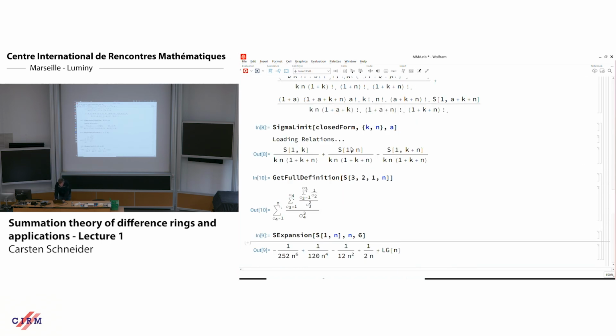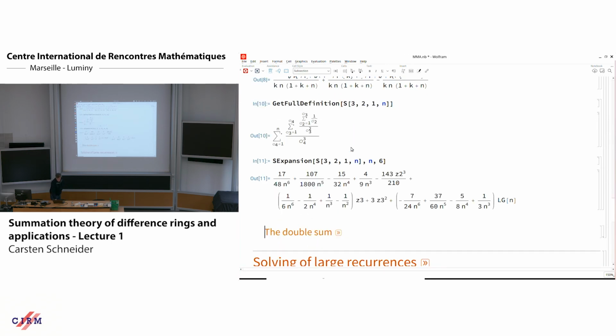And if I insert now this sum, M3,2,1, and compute the expansion, then I get completely automatically again an expansion where you see, for instance, zeta 2, zeta 3, and zeta 3 squared, where zeta is the Riemann zeta function. And using this toolbox in combination with symbolic summation, we have a full computer algebra machinery in order to deal with infinite sums where we need the analysis calculations in the background.